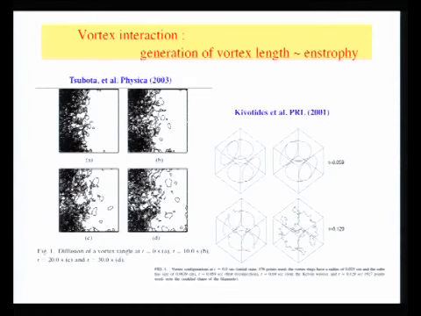For example, when you have vortices interacting, it is well known that you have some generation of vortex loops. In this simulation by the group of Tsubota, these vortex loops are generated in this region. And since there is no vortex here, they evaporate, and we can clearly see them. But they are always present below that.